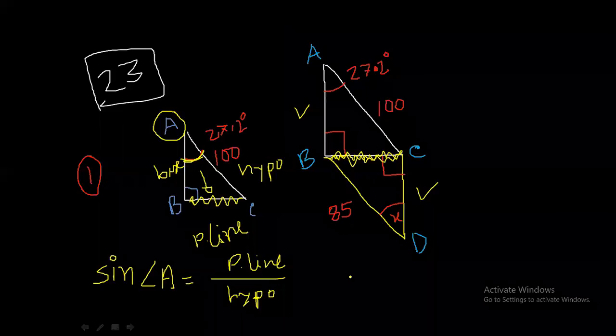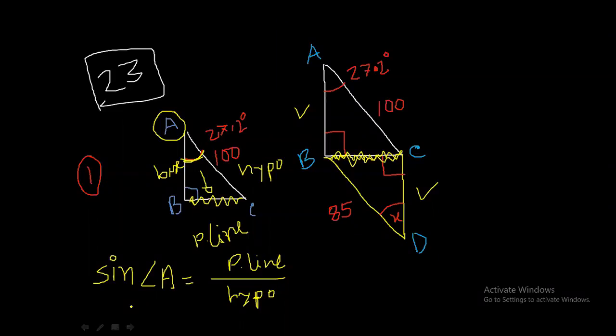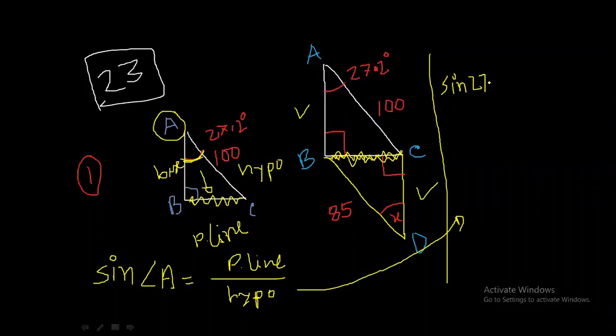So now we all know that sine theta equal to perpendicular line divided by hypotenuse. That means sine A equal to perpendicular line divided by hypotenuse. So if I calculate this, sine 27.2 equal to perpendicular line.